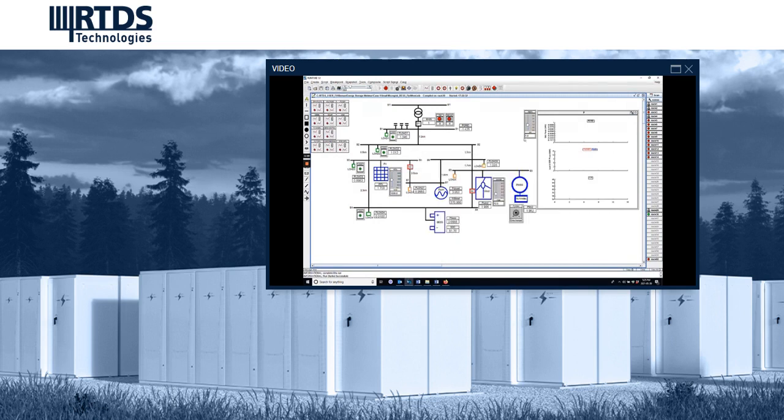Let's see what happens when there is a step change in power when the microgrid is grid connected. The excess power demand from the load is supplied by the grid.